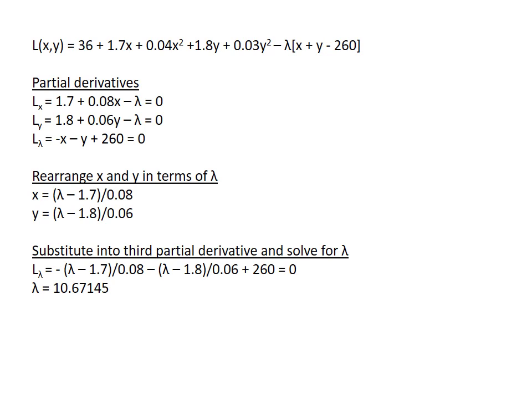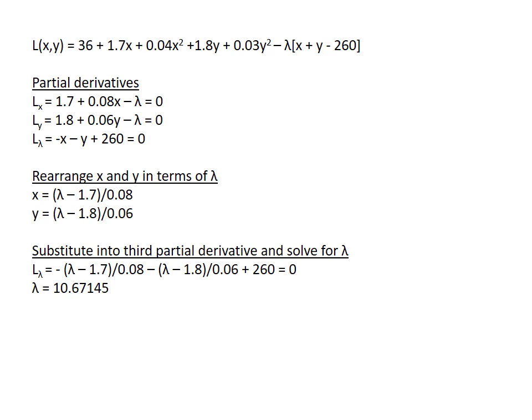Anything with a y, we assume to be a constant, that goes to 0. And then the only term left that has an x attached to it comes about when we multiply through the Lagrange multiplier. We multiply it through what's in the bracket. So we have a minus lambda times x, and that just turns into a minus lambda. And we set that whole partial derivative equal to 0.